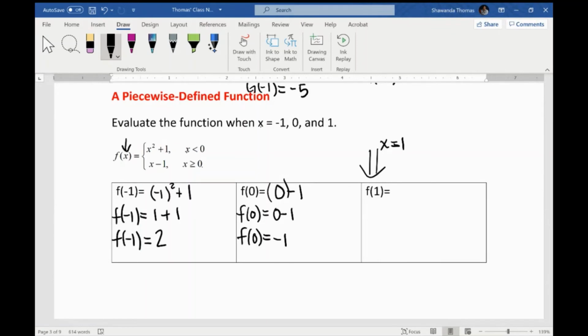And yes, 1 is greater than or equal to 0. Therefore, we're only going to plug it into the second piece. 1 is not less than 0, so we're not going to plug it in the first one. The parenthesis is really redundant. 1 minus 1 is what? So f of 1 equals 0.